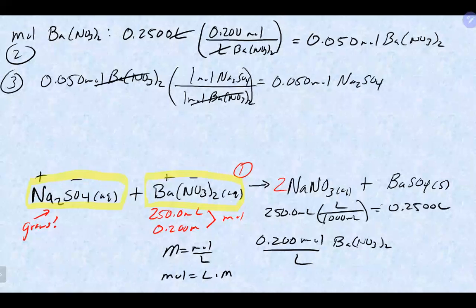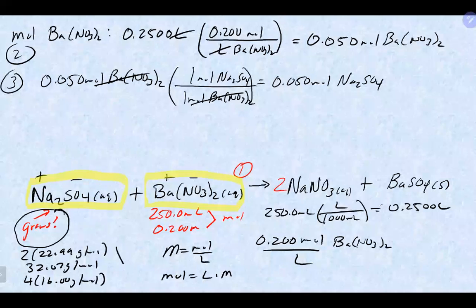At this point, we actually are interested in grams of this guy based on the question. So like normal, we would need the molar mass of the sodium sulfate. And that would be 2 times 22.99 for the sodium, plus 32.07 for the sulfur, plus 4 times 16 for the 4 oxygens for the molar mass of this guy.